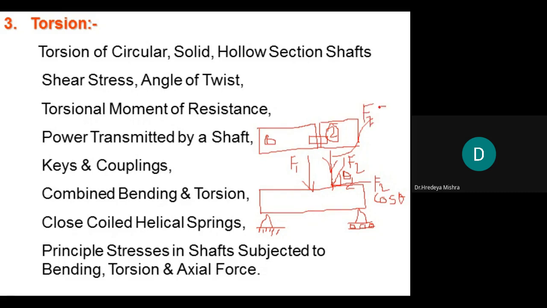So we can consider that if we apply F2 cos theta horizontally and F2 sin theta vertically, then we get the same effect which this F2 creates on the beam in the inclined direction.